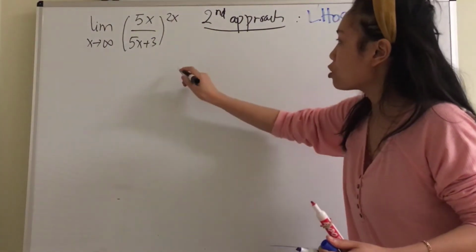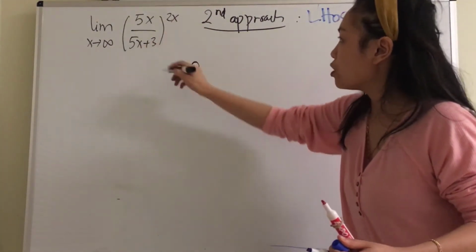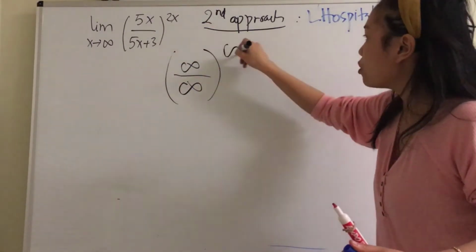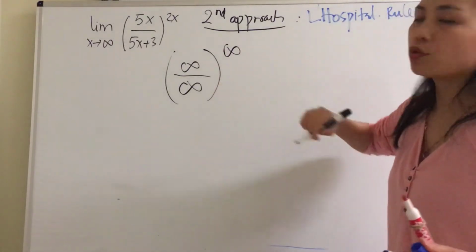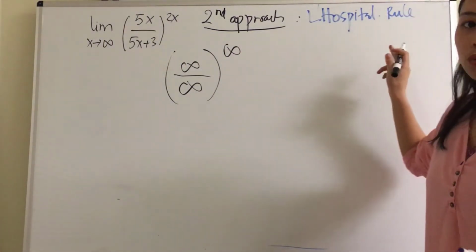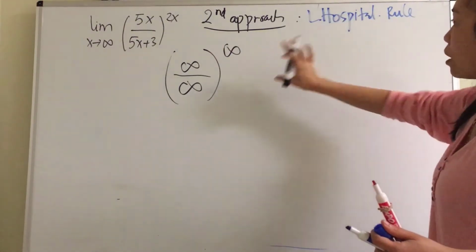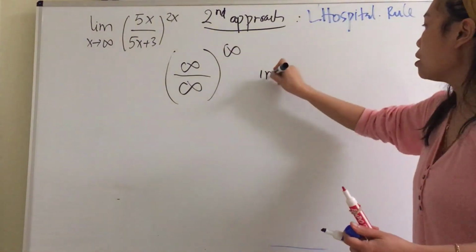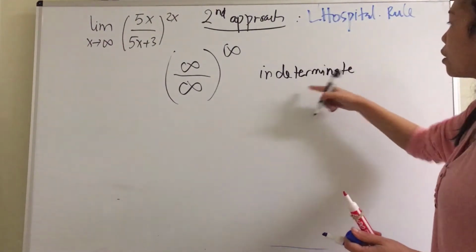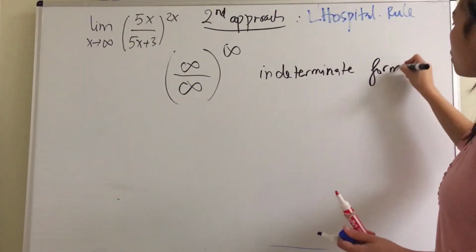Here, if you use direct substitution, when x approaches infinity, 5x plus 3 goes to infinity, 2x goes to infinity. So you have infinity over infinity. This is an indeterminate form. That's why we think about L'Hospital's rule, right? Because L'Hospital's rule is applied for indeterminate forms. You see that?